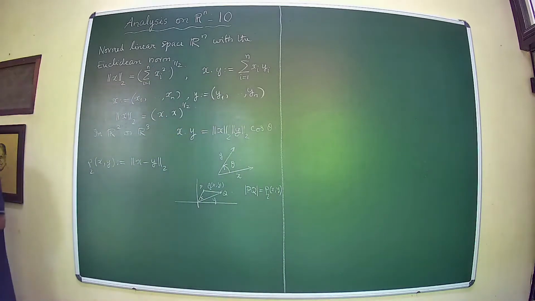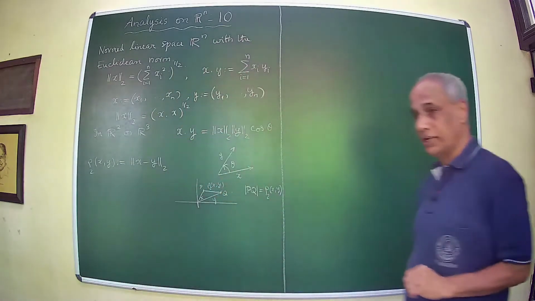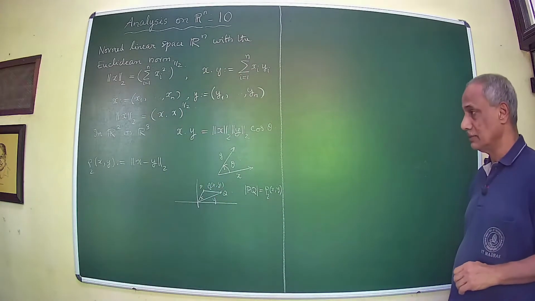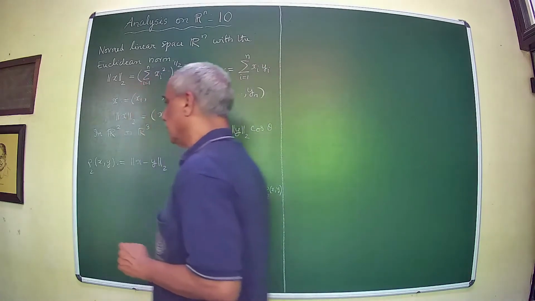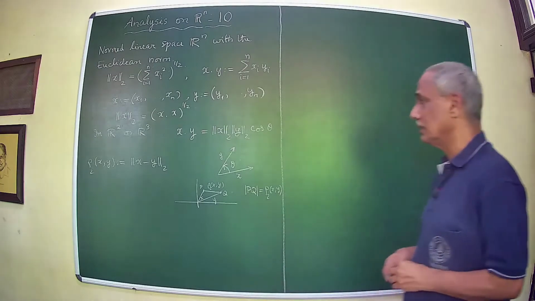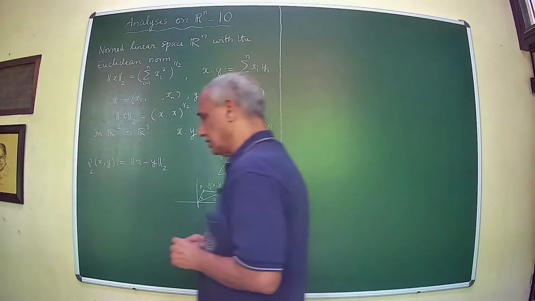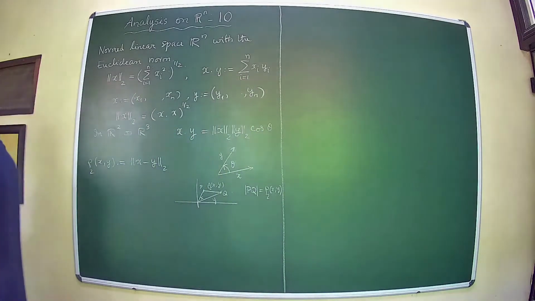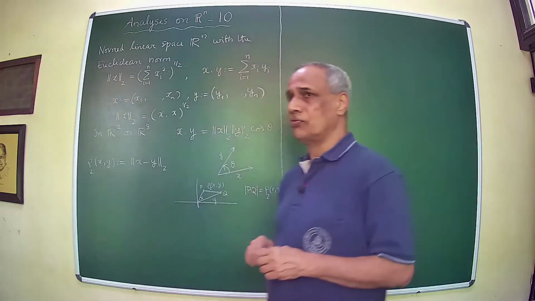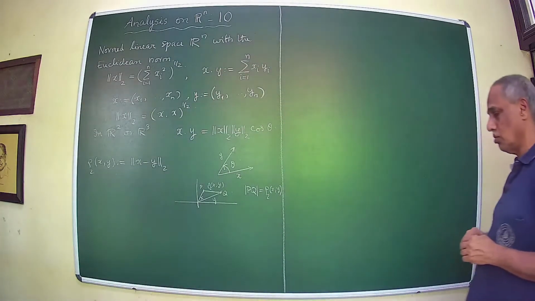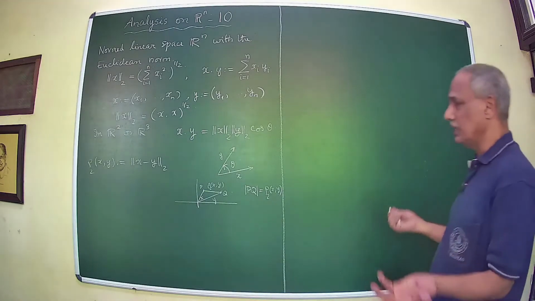The second point is that it's equal to 0 if and only if the 2 points are identical, that means x equal to y. And then the third is that it is symmetric, that is rho of xy equal to rho of yx. And then of course the triangle inequality, rho of xy is less than or equal to rho of xz plus rho of zy. These 4 conditions are satisfied.